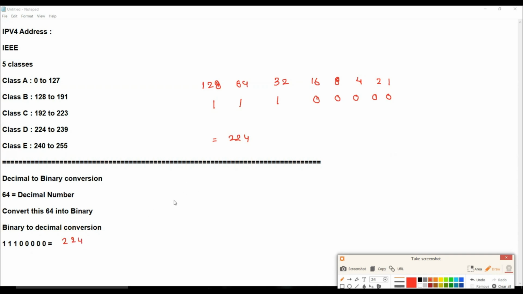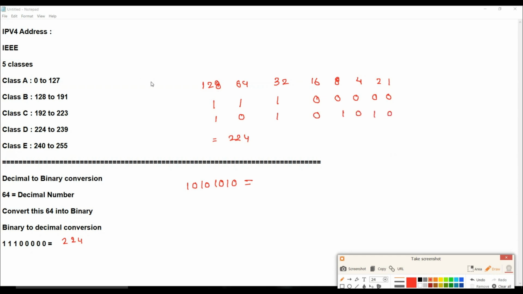Now, for any combination that you get in your examples, for example, if I've got the value 10101010, a binary number, what is the respective decimal for that? Write down the bit position values.